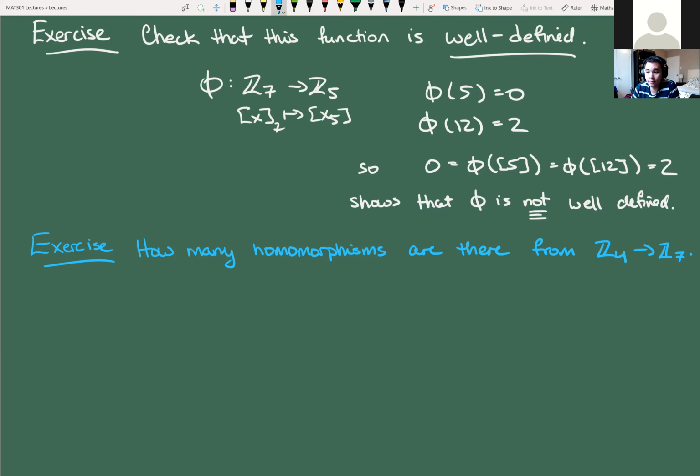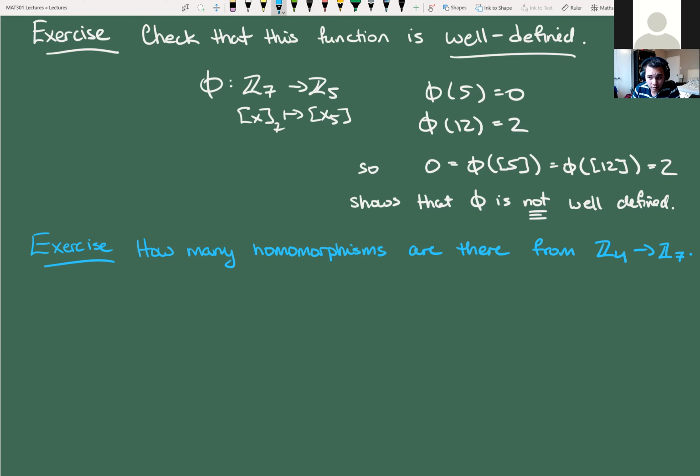Find all of them. And again, set theoretically, we know that there are 7 to the power of 4 functions that do this. That's a crazy number, something on the order of 2,500. It's a little bit less than that, but it's about 2,500 functions from Z4 to Z7. Now I'm asking you, how many of these about 2,500 functions are group homomorphisms?